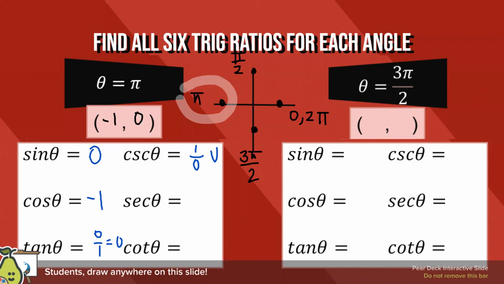No, this is actually undefined. Secant is 1 over cosine, so 1 divided by -1 gives us just -1. And cotangent is 1 over tangent. Tangent ended up being 0, so 1 over tangent is another undefined.